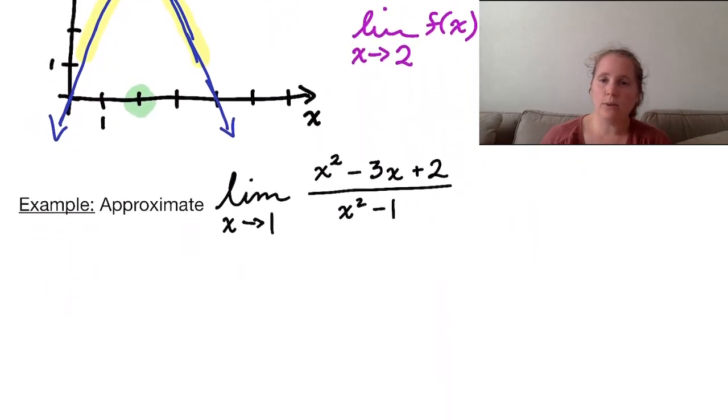Now here we're going to do one where we instead just plug in values. Again, we could also use a graphing calculator and just graph it and see what happens.